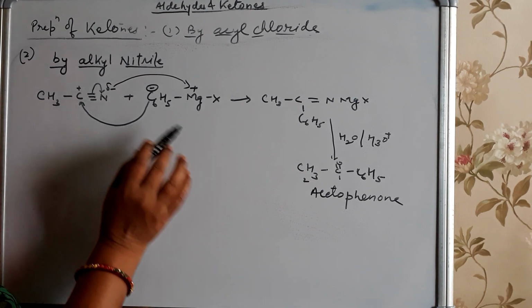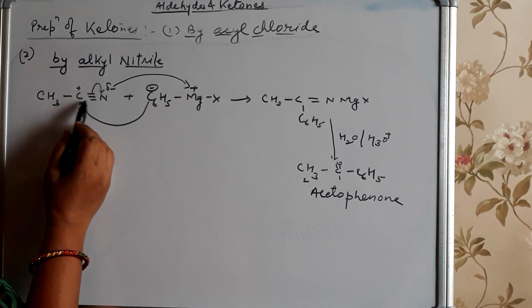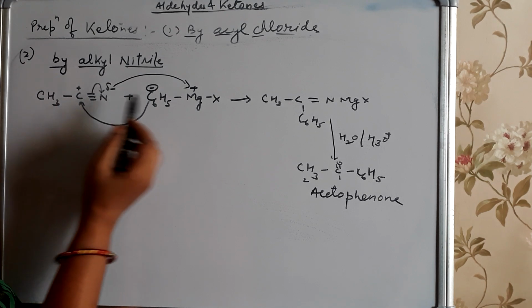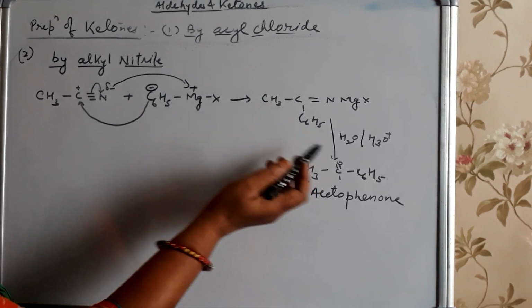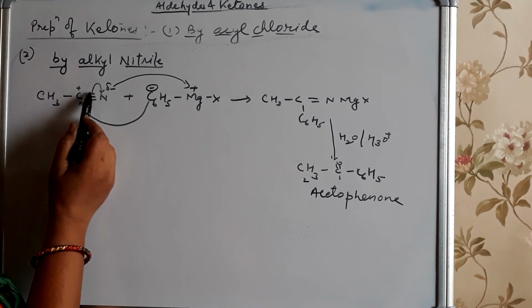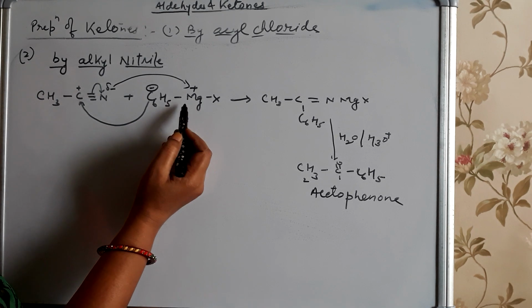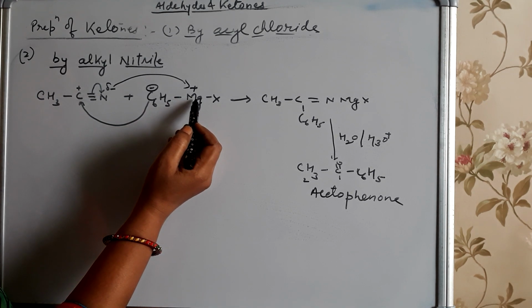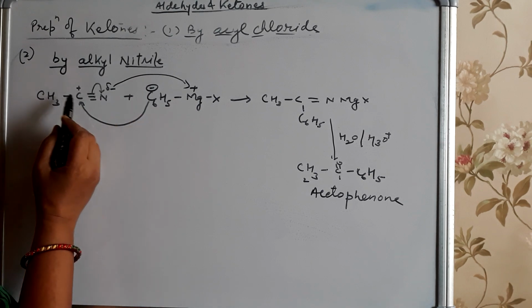Okay, it is a very easy method. It is a nitrile group, alkyl nitrile, and it is a Grignard reagent. Reaction takes place. Carbon acquires a positive charge. Pi electrons shift towards the nitrogen because nitrogen is more electronegative than carbon. Here in the Grignard reagent, magnesium acquires a positive charge and the aryl group acquires a negative charge.